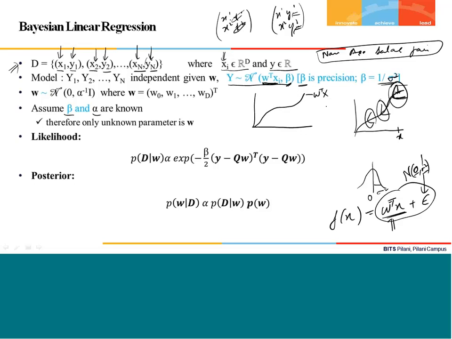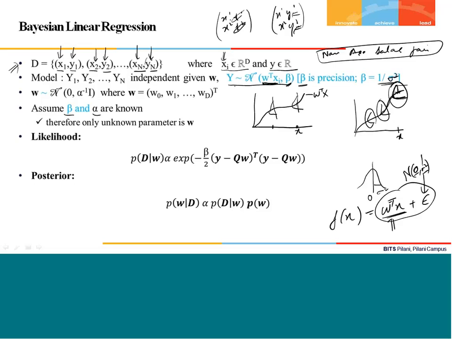Every time you want to predict some value at x, you come to this mean and find out how much the noise is Gaussianly distributed by the variance, sigma squared. These are all independently distributed.